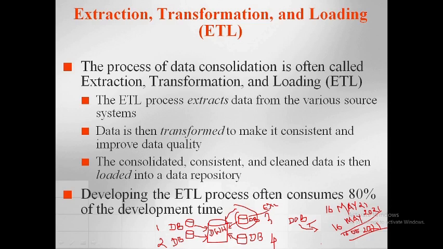So 16 May 2021 is converted into 16/5/2021. 16 May 21 is converted into 16/5/2021. Like this, different formats are converted into the same format. The meaning is the same; the meaning should not change. All the meanings are the same, but from the various sources where we get the data, the format should be the same.